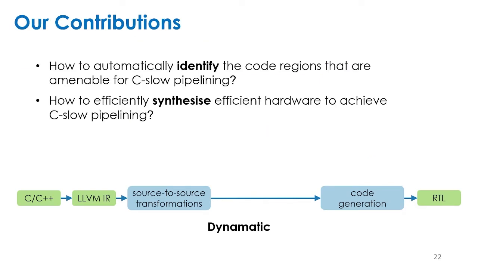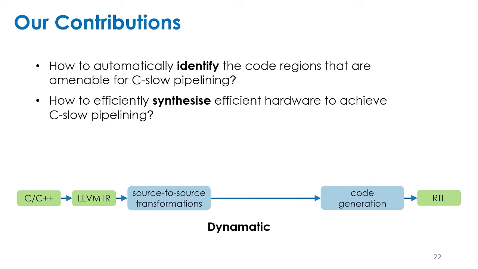We solved two challenges in supporting CSlow pipelining in HLS tools. First, we show how to use hardware transformations to generate efficient hardware to achieve CSlow pipelining. Second, we propose an approach that automatically determines the code regions that are amenable for CSlow pipelining by checking the loop minimal dependence distance.